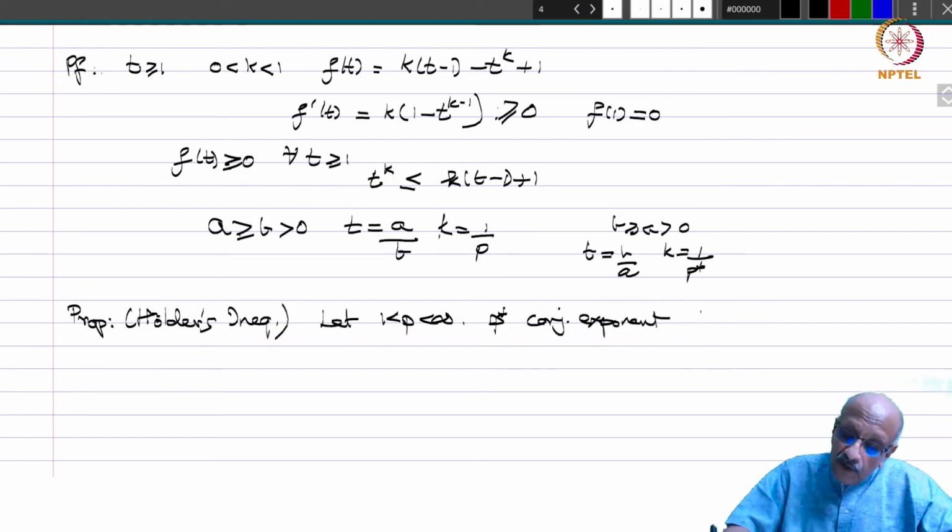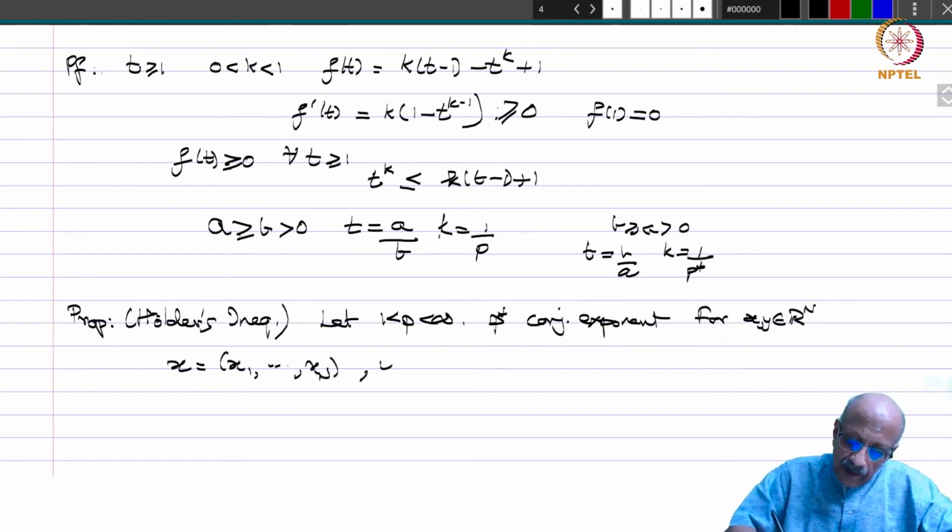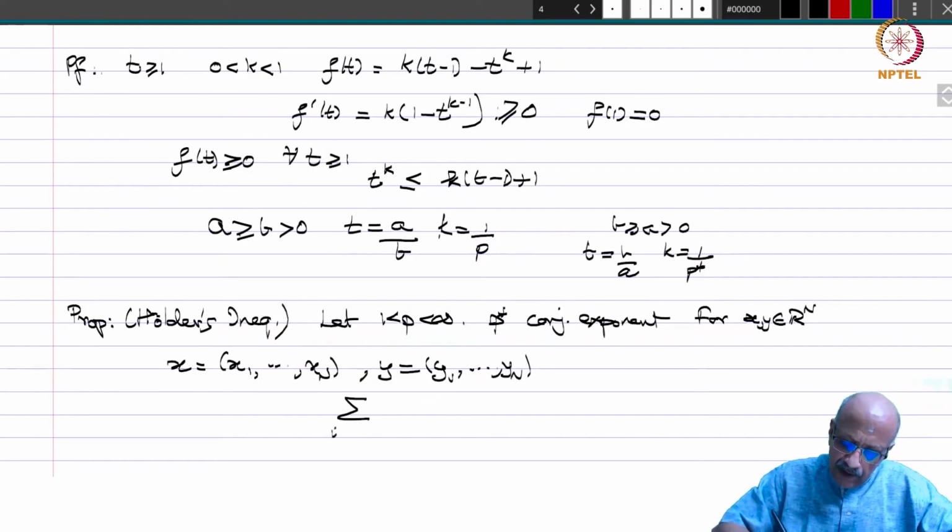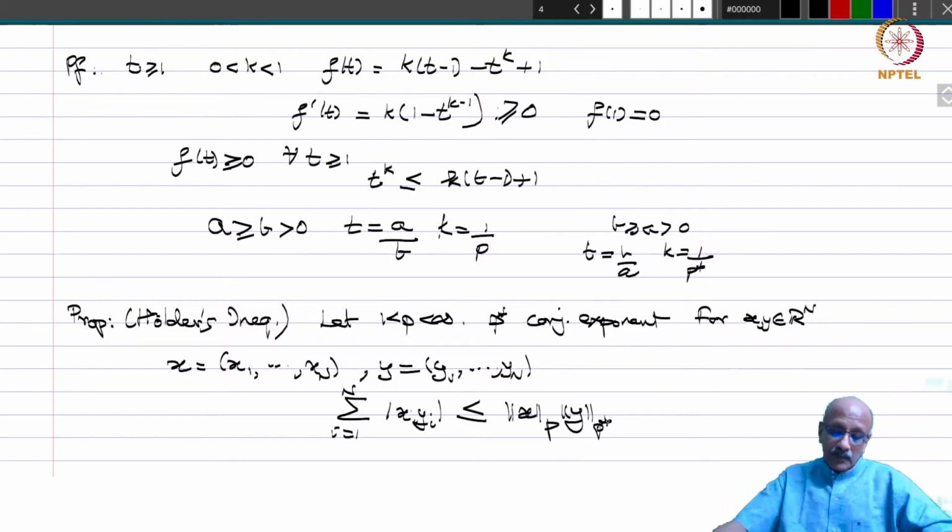Then for x, y in R^n, where x = (x1, ..., xn) and y = (y1, ..., yn), we have sigma i equals 1 to n |xi yi| is less than or equal to ||x||_p ||y||_p star.